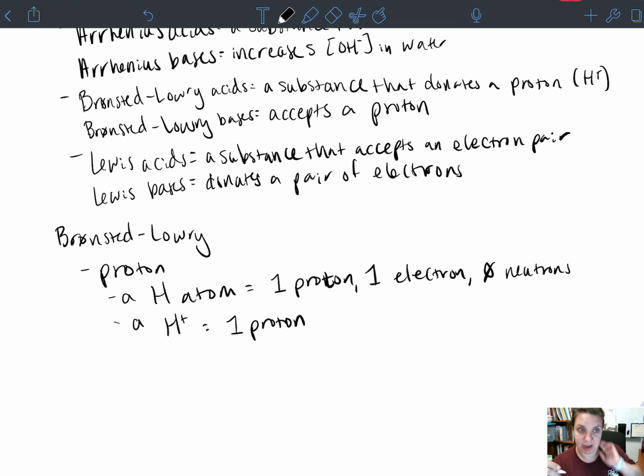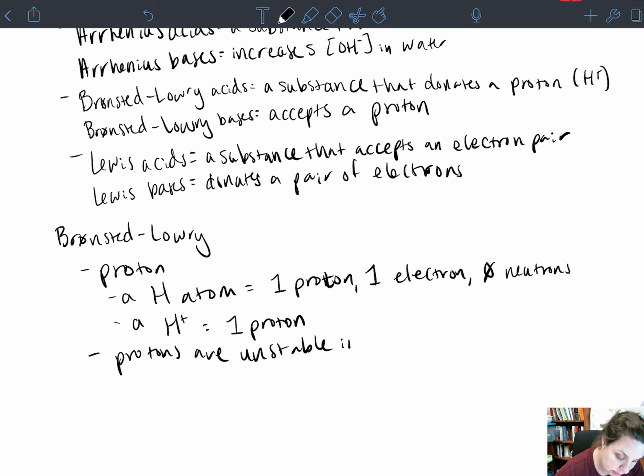Another thing we're going to look at is what happens to that proton in water. So protons are going to be unstable in water by themselves. So we never see them as individual ions.